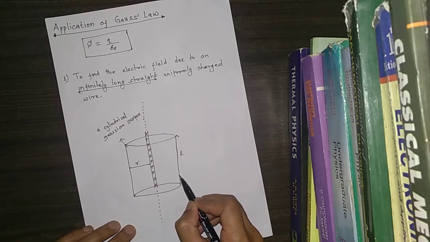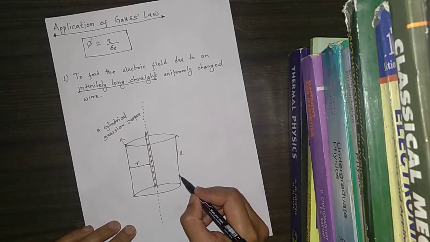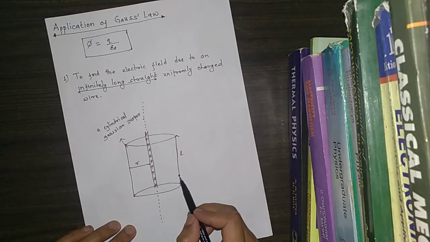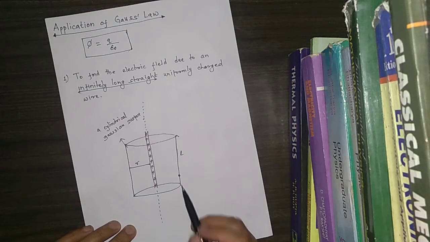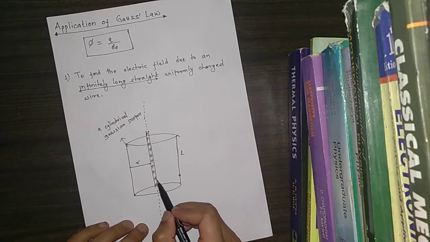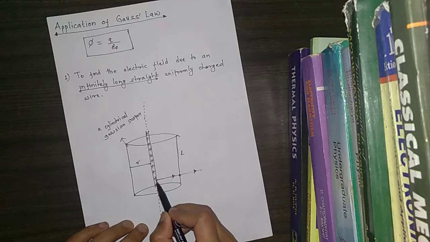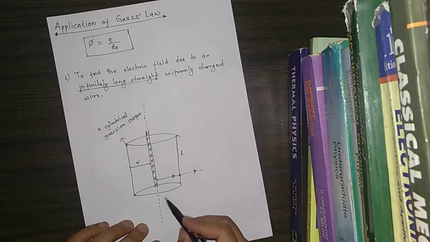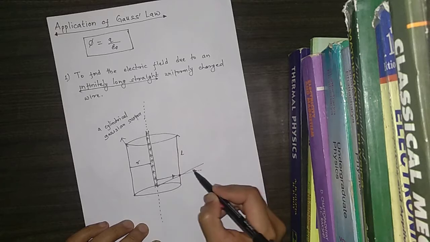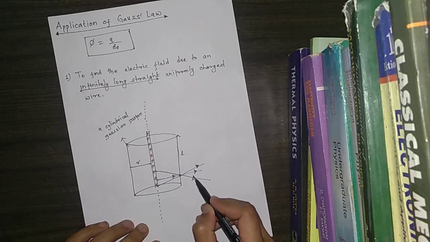Now if you look closely at a point on the circumference or surface of this cylindrical Gaussian surface, there are electric fields contributed by each point charge. This charge on the wire contributes the electric field in this direction, this one in this direction, and similarly this one in this direction.